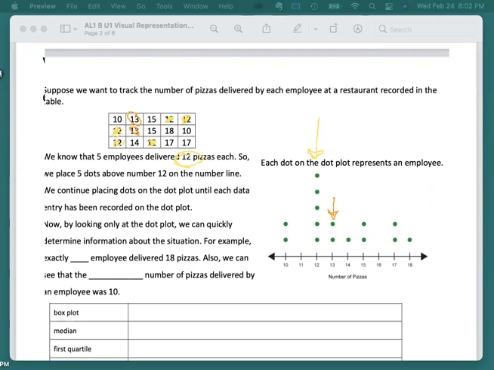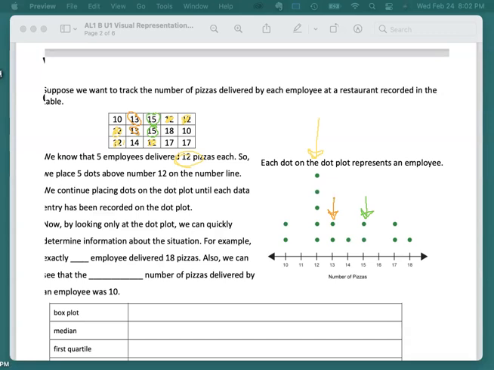If I were to count the number 15, there's 1, 2 15s, and above the 15, there's 2 dots. So basically you're putting however many dots for how many times the number is counted. All right.